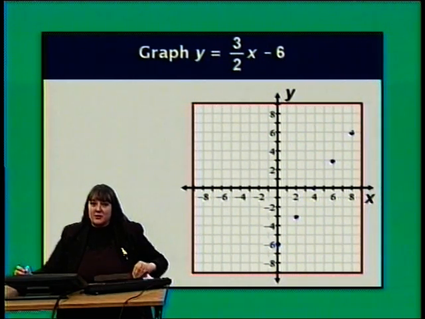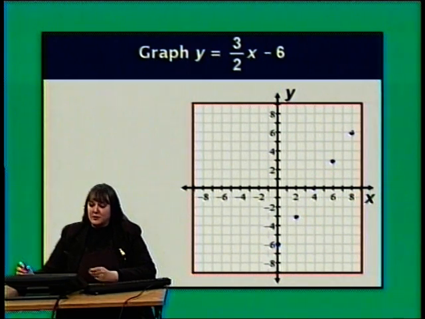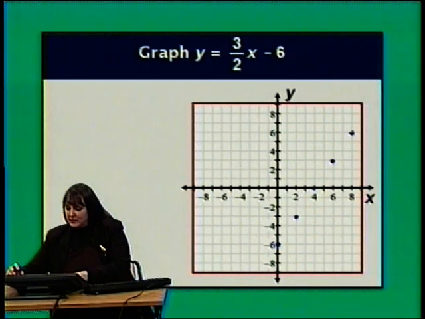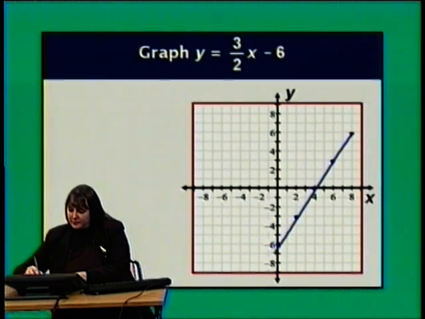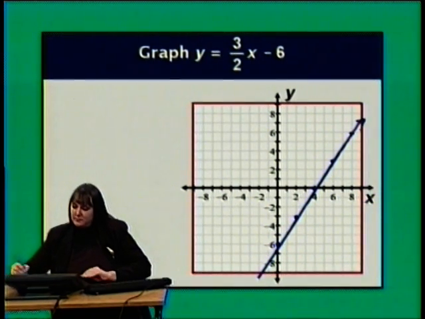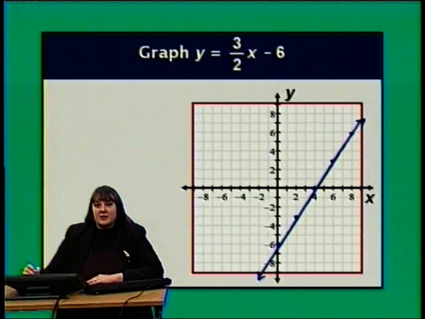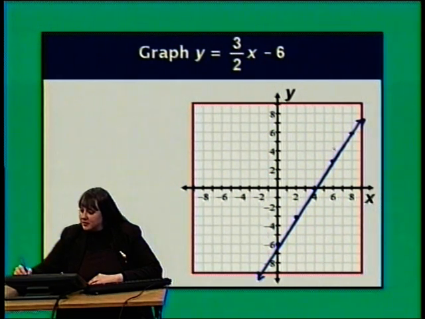Now getting out my straight edge, I'm going to plot the line that goes through these points. Just as a quick check, let's make sure that one of these points that I got using the slope actually does satisfy this equation. So it looks like here I have the point (6, 3).